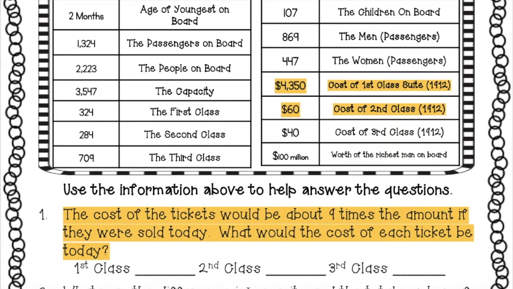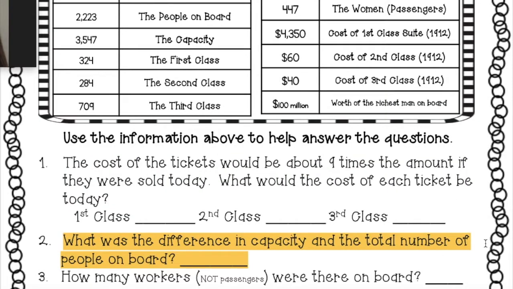That's going to be our answer for a second class ticket. Lastly, we have third class. Third class cost $40 back in 1912. Well, it's going to cost 9 times the amount that it was back then today. So we're going to take 40 times 9 to get our answer for how much a third class ticket would cost today.